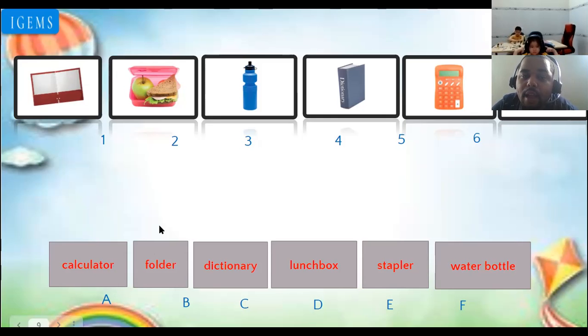I want you to tell me the number corresponding to the picture. Which one is calculator? Number 1, number 2, number 3, number 4, number 5, number 6. Which one is calculator?